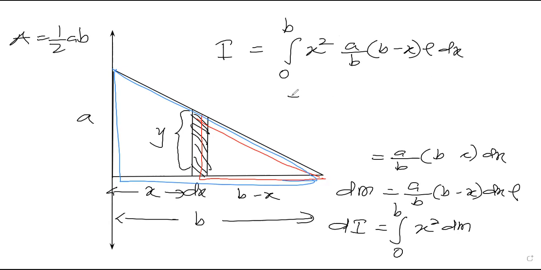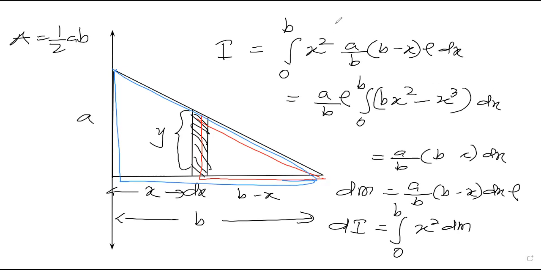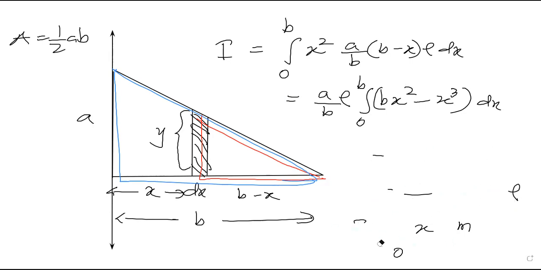So a upon b comes out as common, rho comes out as common, and the integral from 0 to b stays as usual. I have to integrate b x squared minus x cubed dx. How will that go? Of course, it's not that big a deal. So let's do this slowly and steadily.